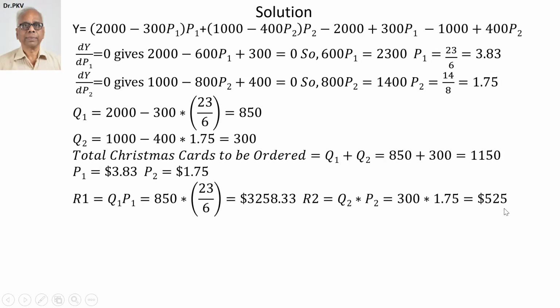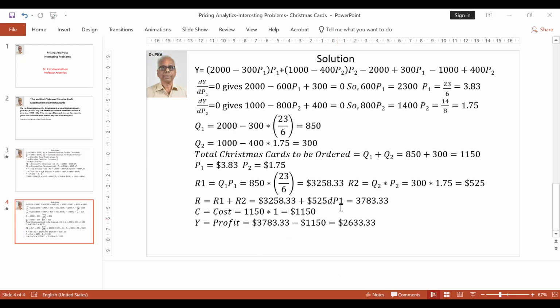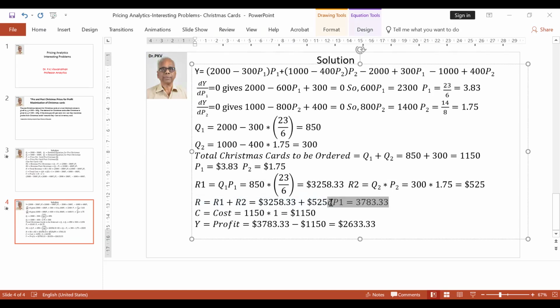The revenue for the pre-Christmas cards, Q1 P1, will be given by 850 quantity multiplied by the price 23 upon 6, which is equal to $3258.33. Similarly, R2 is equal to Q2 into P2, which is 300 into 1.75, $525. Total revenue is R1 plus R2. When I add this, let me remove this P1, which has appeared by mistake.